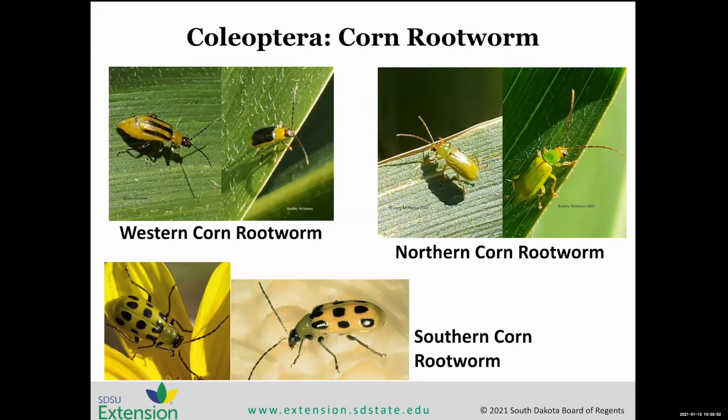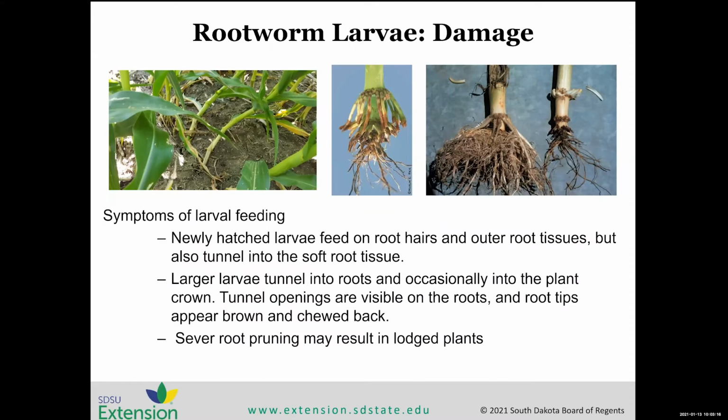As you see here, there are three different species of rootworm that are prominent in our area. They're the western corn rootworm, the northern corn rootworm, and the southern corn rootworm. The damage of these corn rootworms, I'm sure you guys are pretty familiar with. Newly hatched larvae feed on root hairs in the outer root tissues, but also tunnel into soft root tissue.